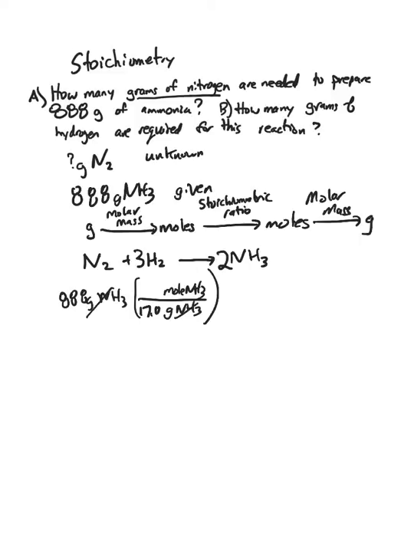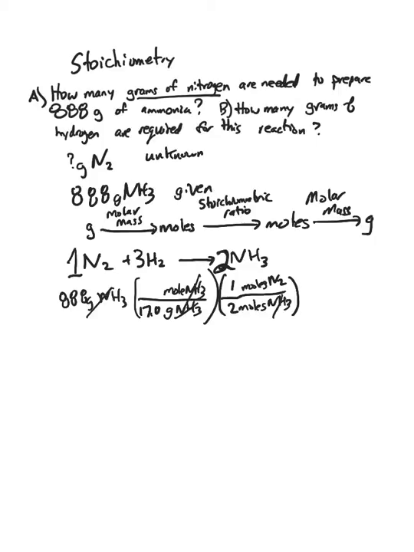I've got moles of ammonia. Now I need my stoichiometric ratio that will convert moles of ammonia, the product, to moles nitrogen, the reactant. And so my ratio is 1 mole of nitrogen to 2 moles of ammonia.